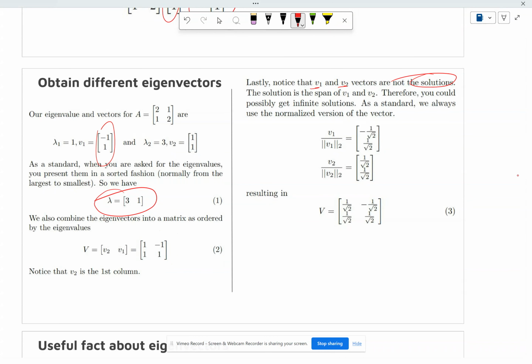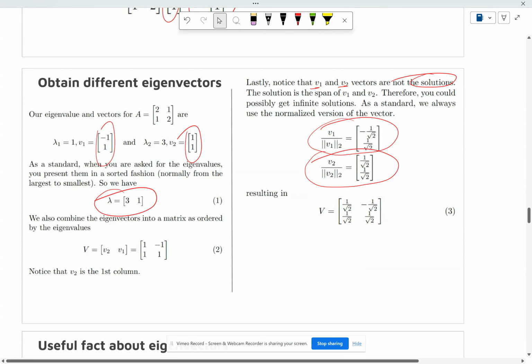They're not the solutions we want because they're orthogonal, but they're not orthonormal. So for us to finalize the last step, you want to normalize both of them and then put them back in. So this right here represents the eigenvectors.